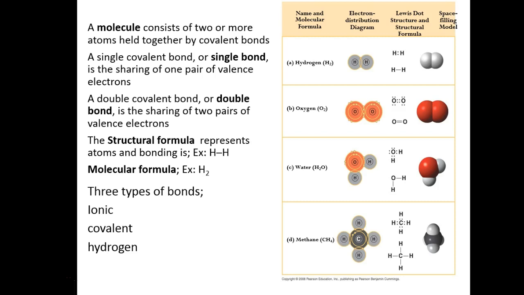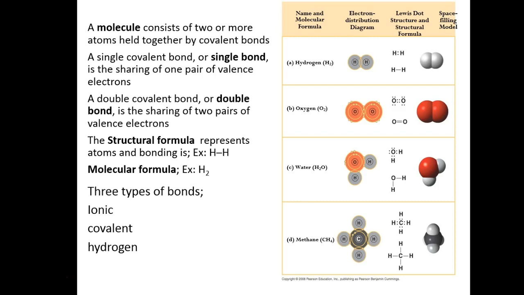A single covalent bond, or single bond, is where two elements will share an electron. That electron will go around one outer valence shell, and then the other. So they're actually sharing it, and that is what holds them together in that compound form.